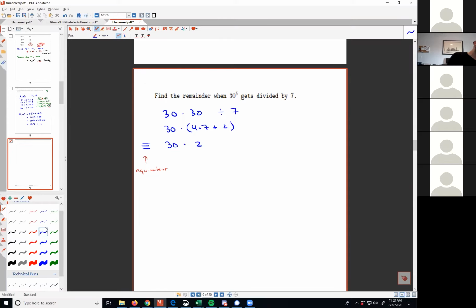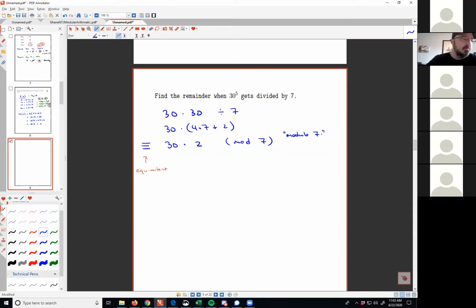And I'm going to write mod 7, that's short for modulo 7. And that's just a fancy way of saying that we're working with remainders.